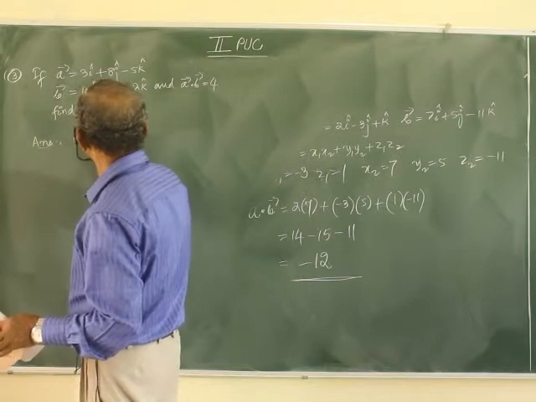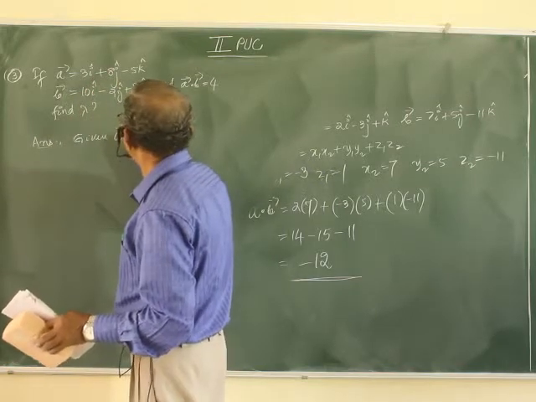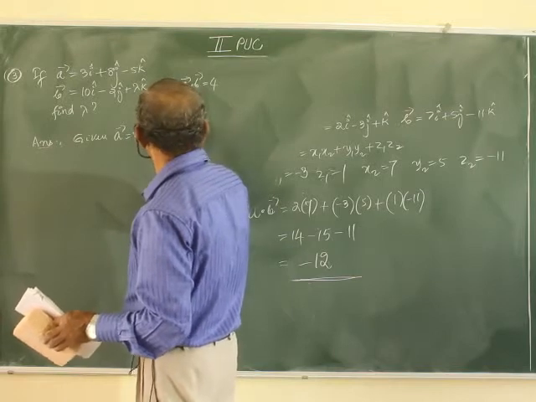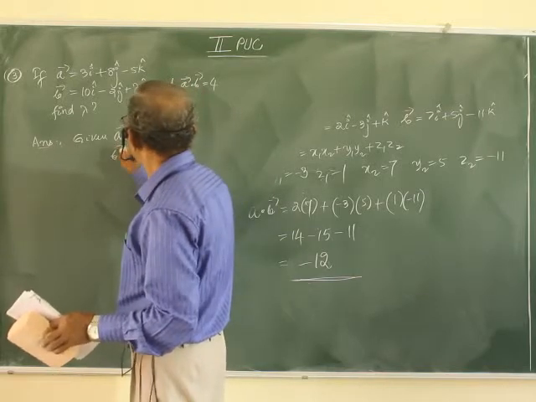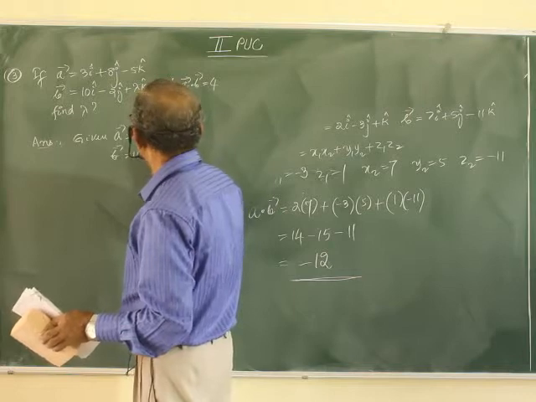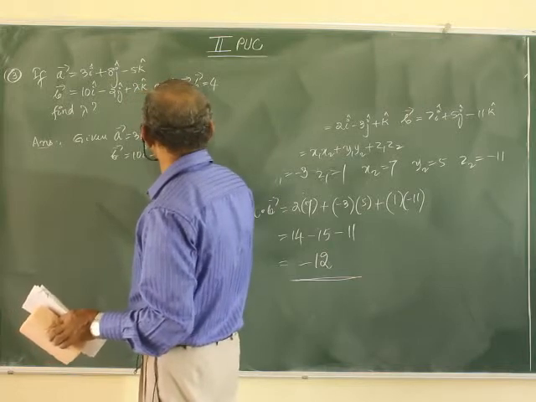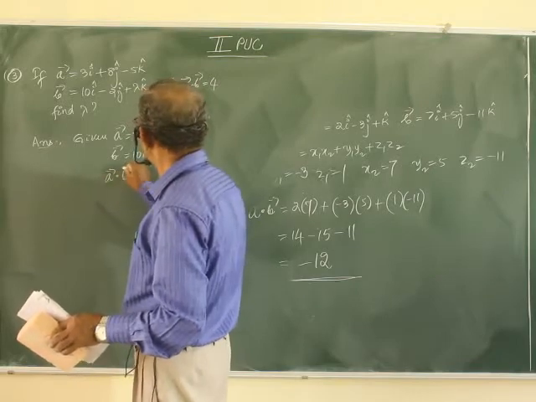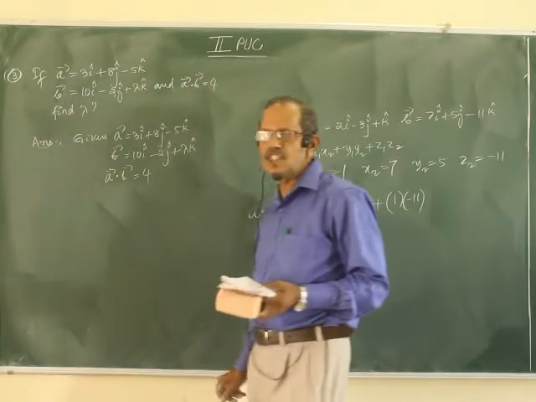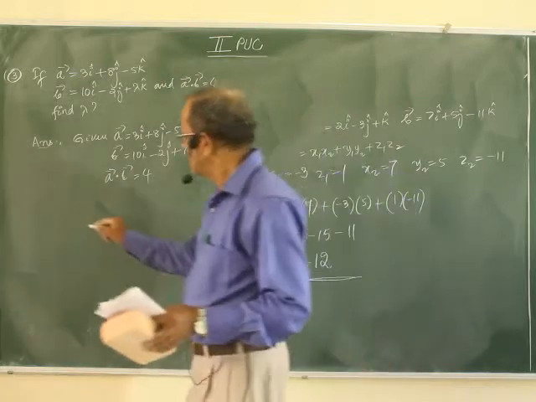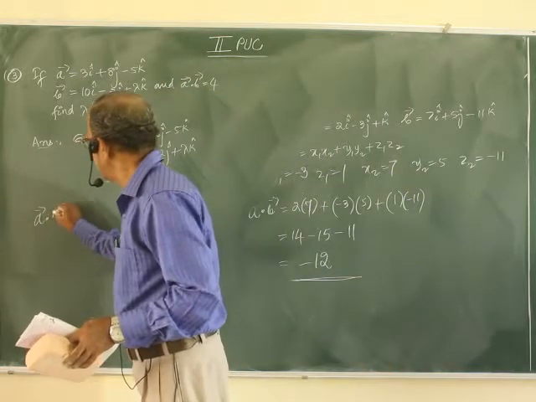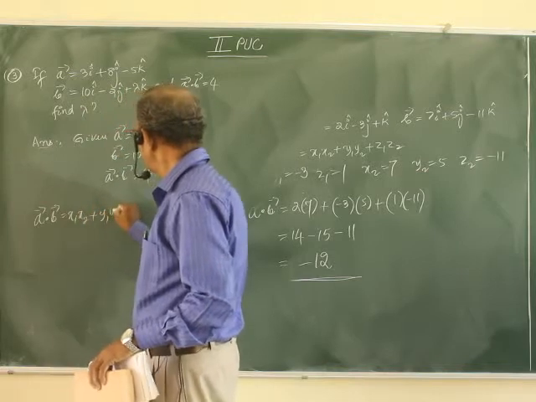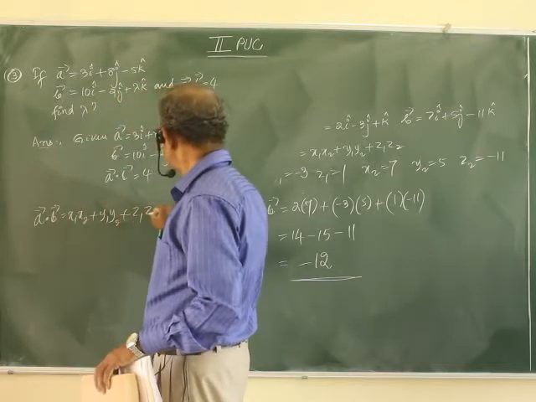Given A equal to 3i plus 8j minus 5k, B equal to 10i minus 2j plus lambda k, A dot B equal to 4. These are the things given. You write the formula for A dot B first: x1 x2 plus y1 y2 plus z1 z2.